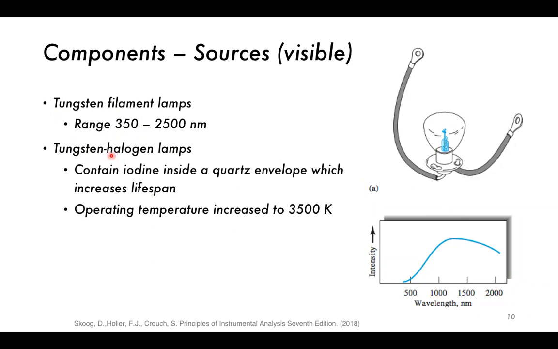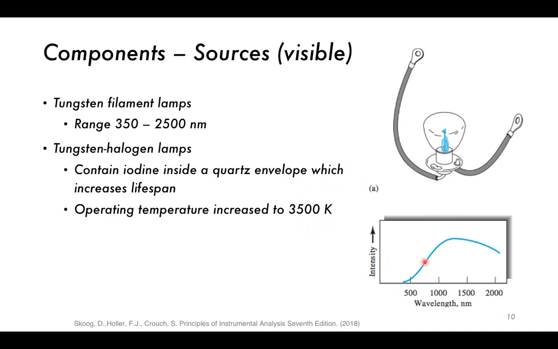But in the tungsten halogen lamps, the tungsten heats up, evaporates, then reacts with the iodine, and then deposits again onto the filament, which is what produces the light. So it increases the lifespan. The operating temperature is increased to 3,500 Kelvin. So these things are ridiculously hot.